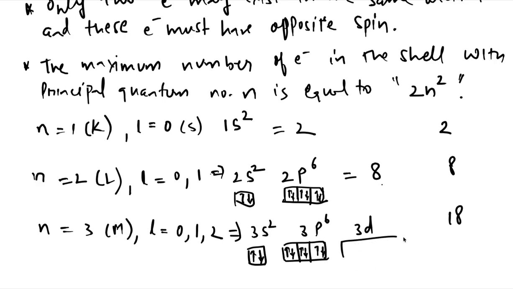And for 3d, the number of orbitals for d is 5, so the maximum number of electrons it can hold is 10. So 2 plus 6 plus 10 is 18, right? This is how we can verify this rule.